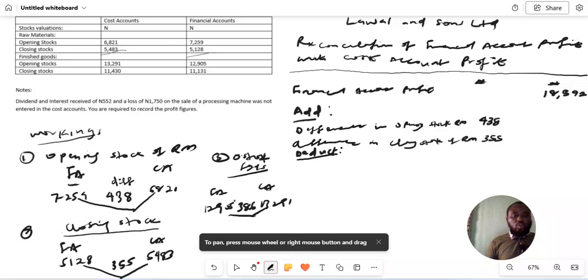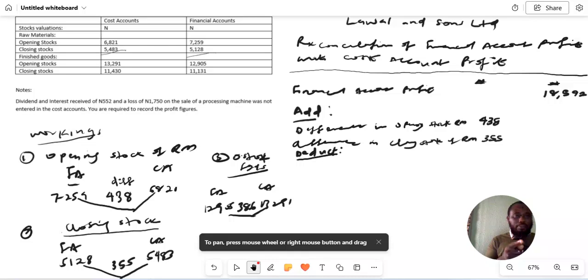386. Okay. So what we are saying here is that the opening stock of the finished goods is lower compared to the opening stock of the cost account, which means that we have to deduct the difference from the profit, because it should be an additional cost.